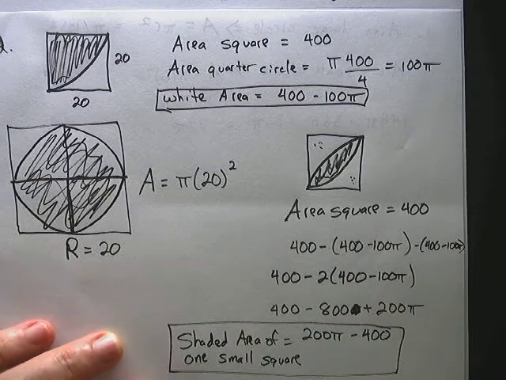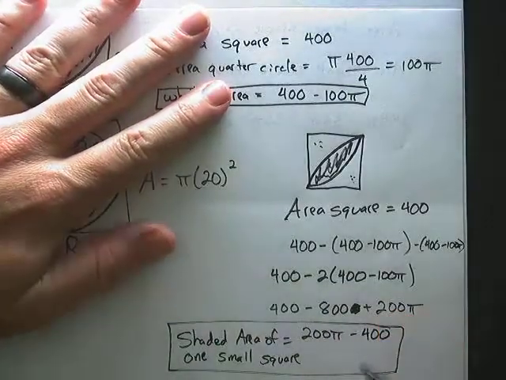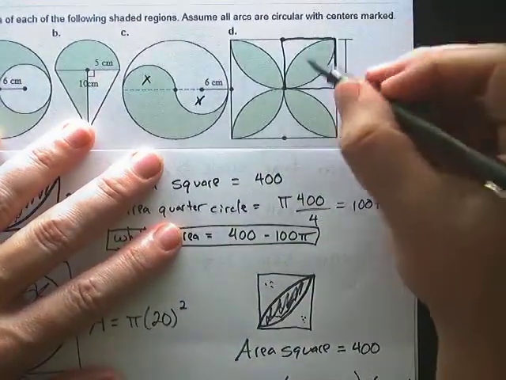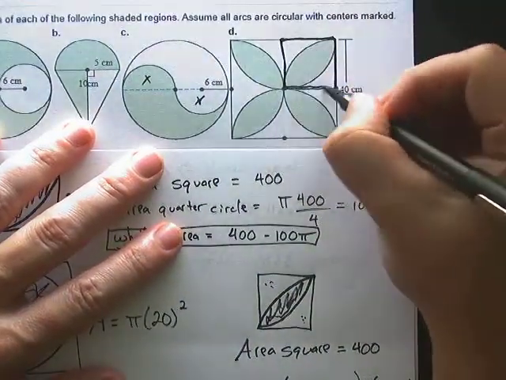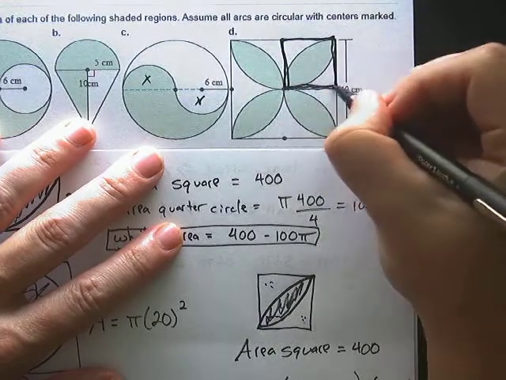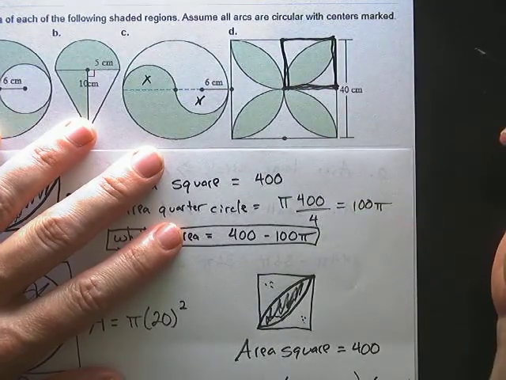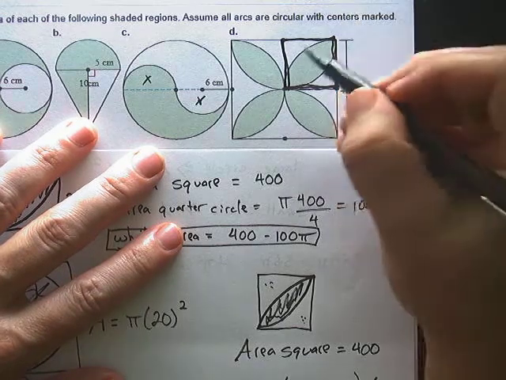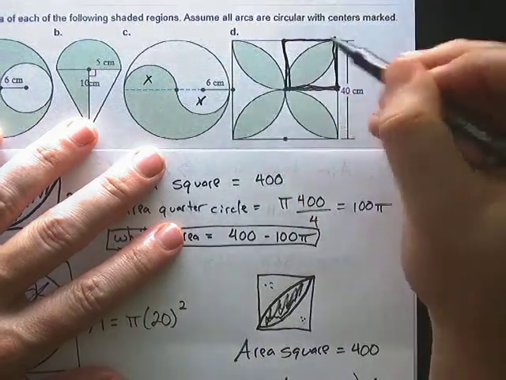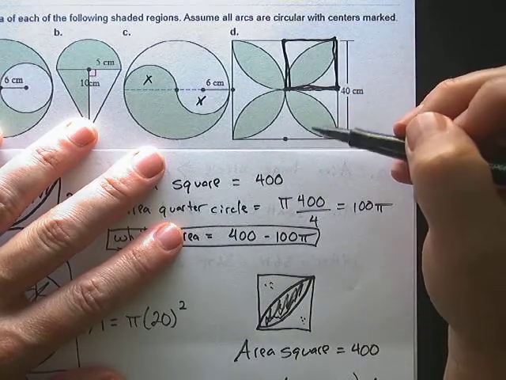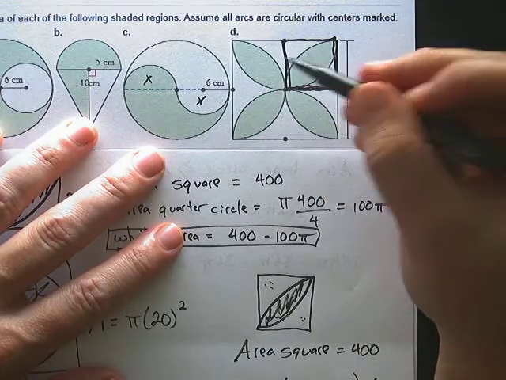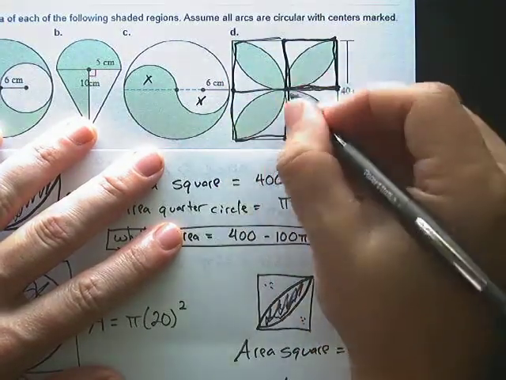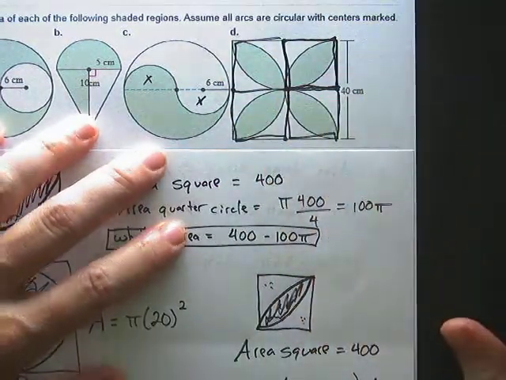Okay, so going back to the original problem, what we found is that 200 pi minus 400 represents the shaded area in this box right here. Okay, 200 pi minus 400. Now, in order to get the shaded area in the entire bigger square here, what would I do? Well, how many of these little squares do I have? I have another one here, and another one here, and another one here, and they are all identical.